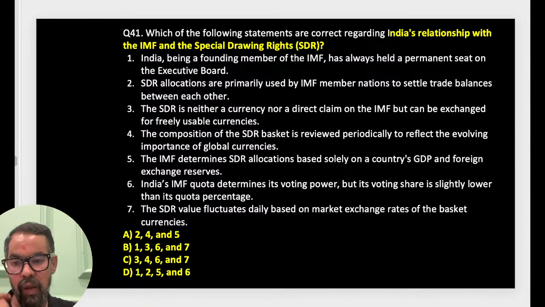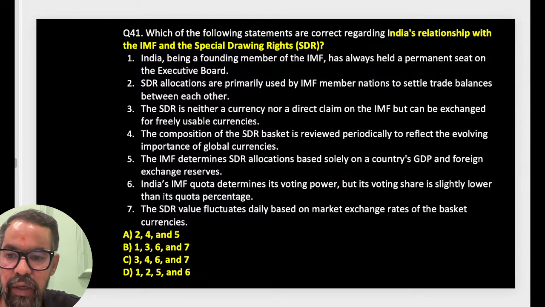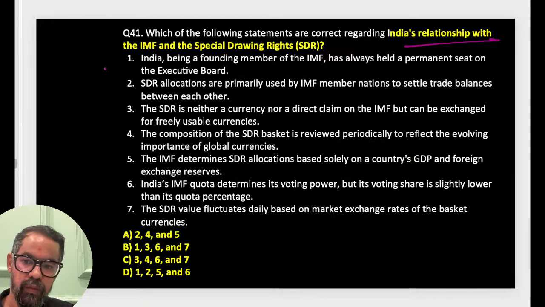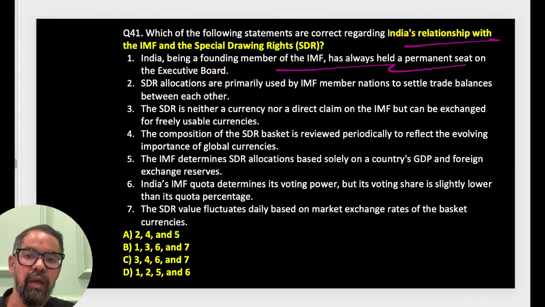Okay. Please quickly go through the question and try to answer. So India's relationship with IMF and SDR. India, being a founding member of IMF, has always held a permanent seat in the 10. No, we got it in 1970 first of all. We were the founding member.